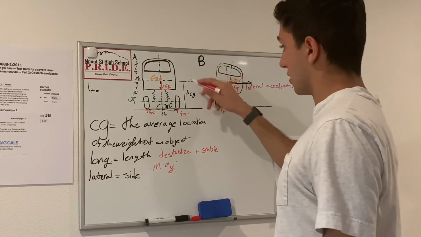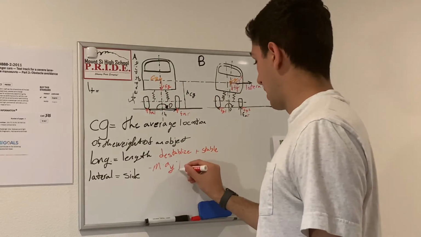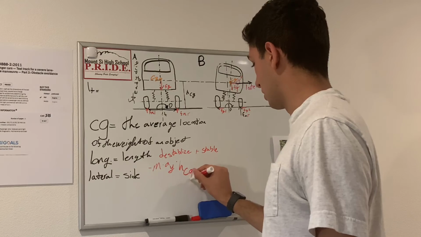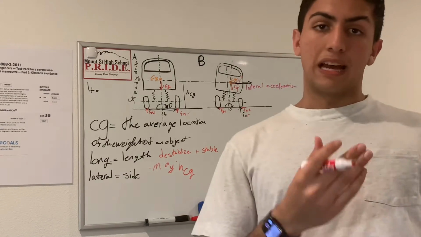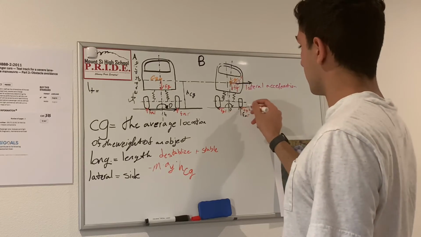This is very important. I kept this here so that we know that it's staying the same. HCG, and then we add the positive, the stabilizing factor, which is every single one of these.